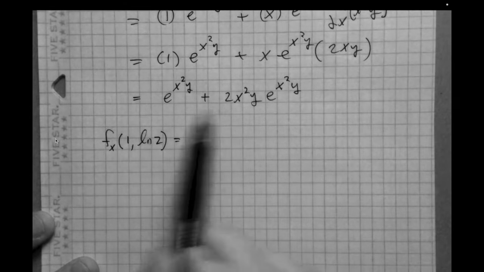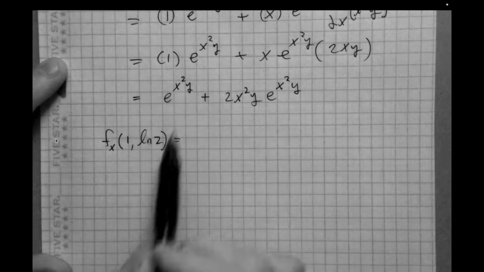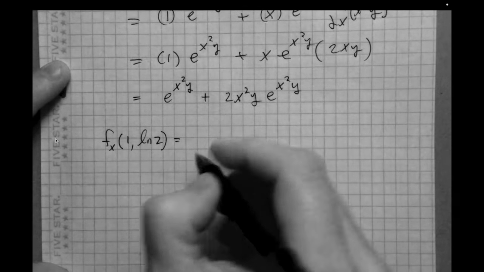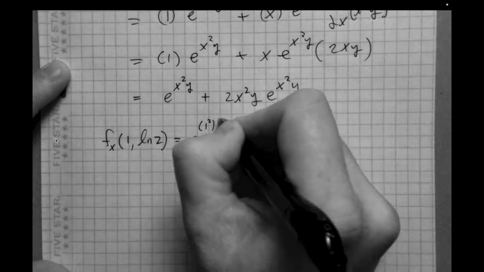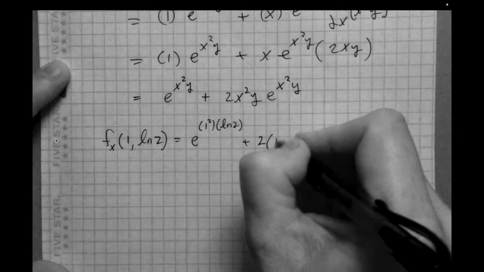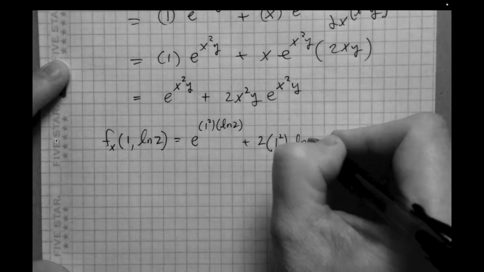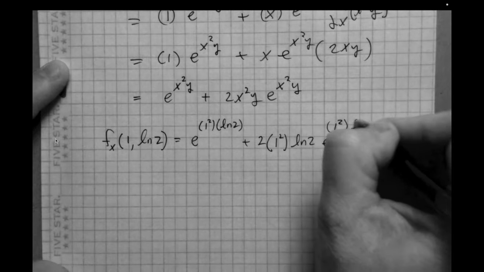Well, you're just going to plug in a 1 everywhere you've got an x and an ln 2 everywhere that you have a y. So this would be e^(1²·ln2) plus 2·1²·ln2 times e^(1²·ln2).